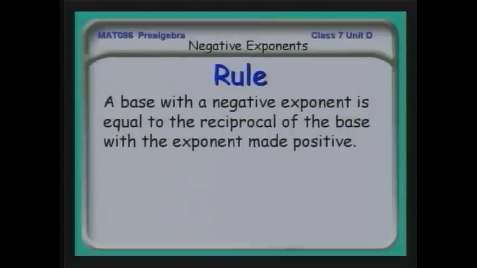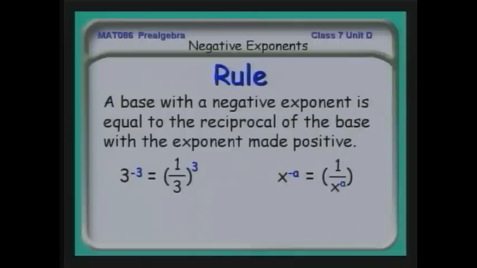Let me read this carefully. A base with a negative exponent is equal to the reciprocal of the same thing with the positive exponent. I think I just said something like that. For example, 3 to the minus 3 is equivalent to 1 over 3 cubed. Then we can generalize it.